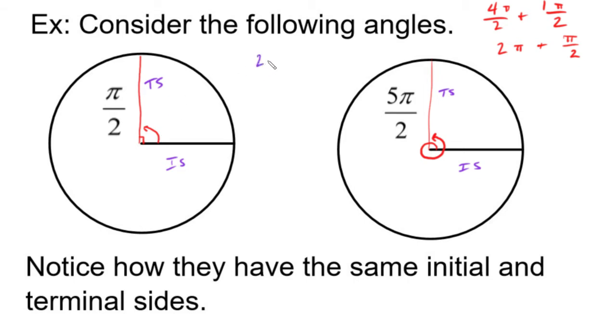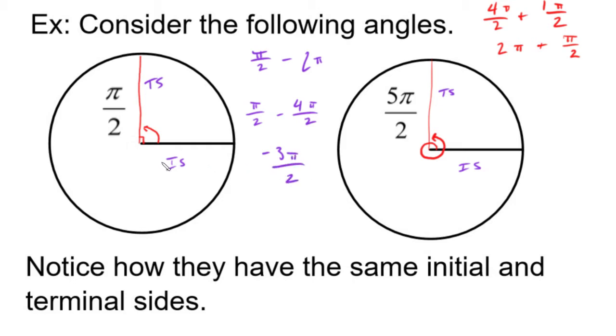Or excuse me, that's wrong. You're taking pi over 2 minus 2 pi. There we go. So that's really pi over 2 minus 4 pi over 2, if you want to get into common denominators. And then that's negative 3 pi over 2.